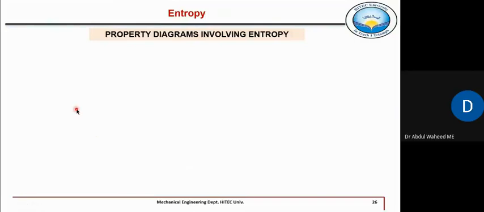Now we know entropy is given by, this change in entropy is given by del Q by T. In other words, we are saying that del Q, or the heat transfer during any process, is equal to ds into T. Right.